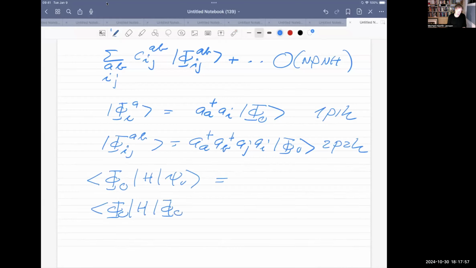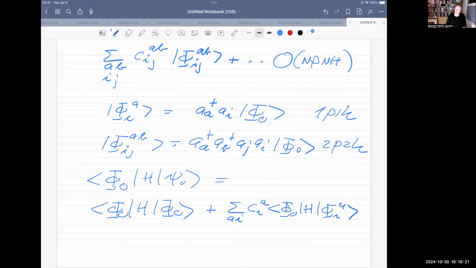We are just looking at the value of psi 0, which is now being inserted in terms of these different terms. So we have a plus, an IA, and then we have this coefficient CIA. And what we got then was the overlap between phi 0 and H and phi of IA.